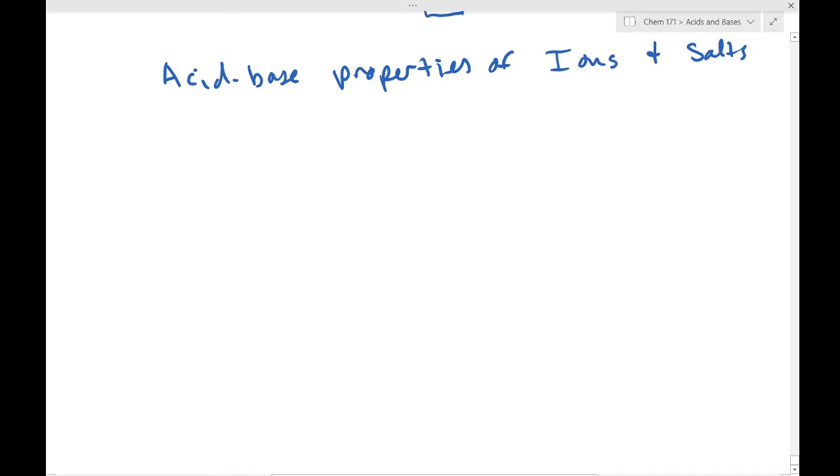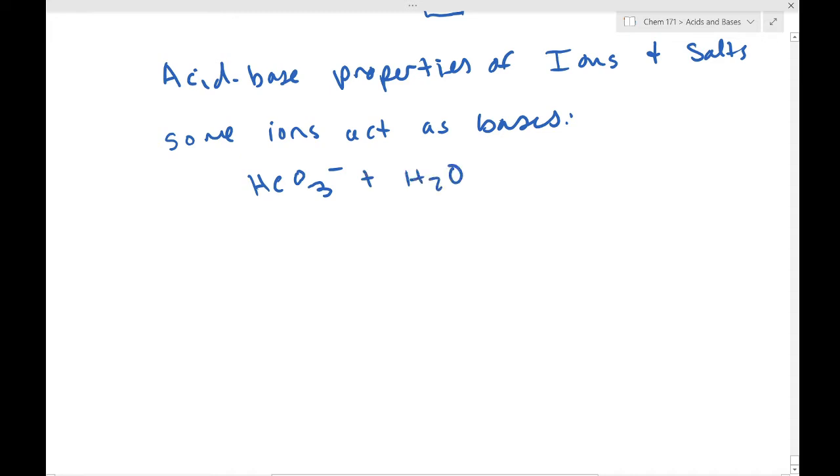Okay, some ions act as bases. For example, the bicarbonate ion reacts with liquid water to form carbonic acid.